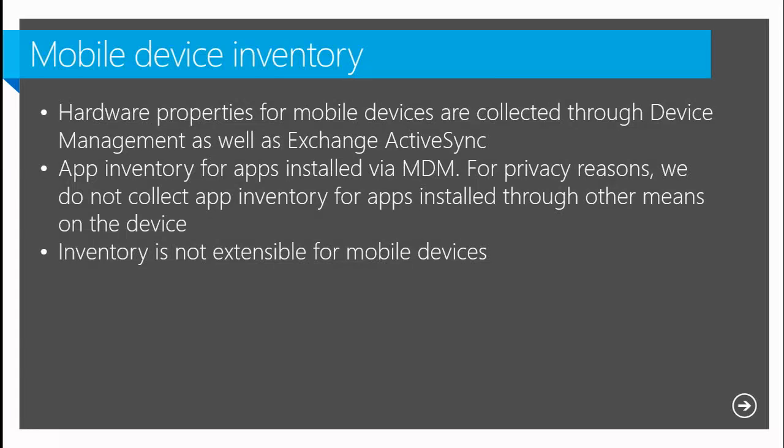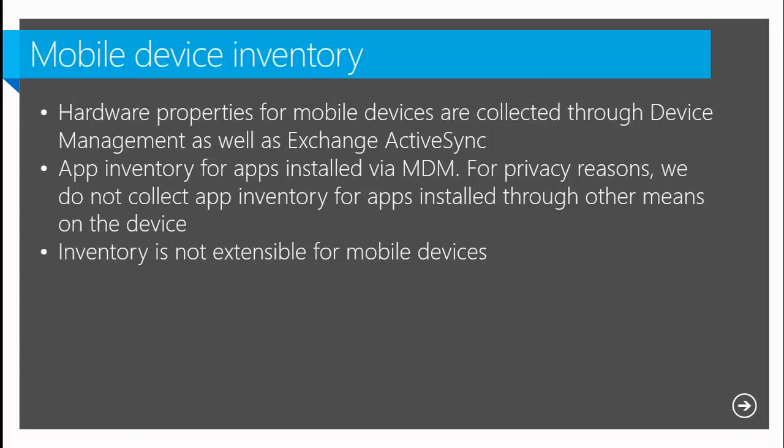If you've set up Configuration Manager or Windows Intune with a connector to your Exchange environment, we're able to collect that same information and then match the records. So you'll see a single device record, and it'll be an amalgamation of the information supplied from Exchange in that handshake with the device, as well as information that we collect through management. And for devices that are only connected to Exchange, we'll collect whatever is available to us through the Exchange ActiveSync environment.